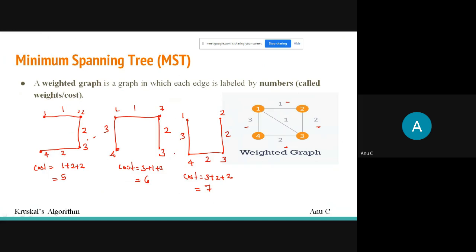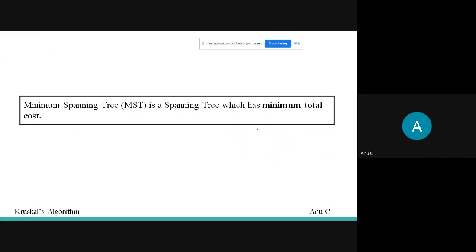And the problem is, can I find out the minimum cost spanning tree from the given graph? Then what is a minimum cost spanning tree? The minimum cost spanning tree is a spanning tree which has a minimum total cost. So the answer is yes. We can find the minimum cost spanning tree from the given graph.